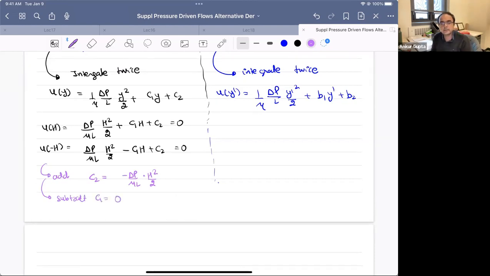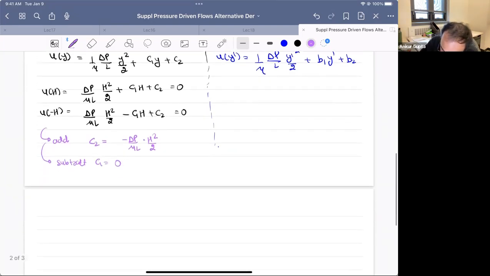I believe that is correct. So this is what we get. So from here, I get u of y is equal to delta p by L, y square by 2 mu, minus delta p by L, because c1 is 0, 1 by 2 mu into h square.